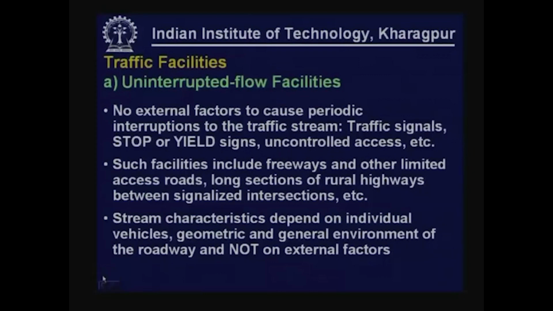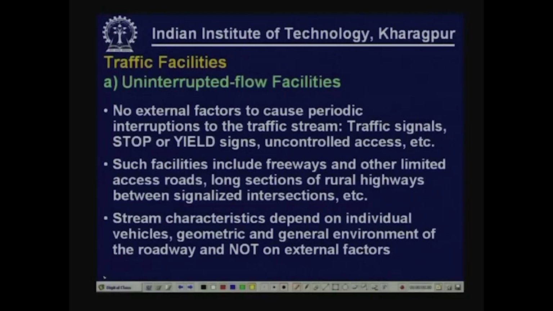In uninterrupted flow facilities, there are no external factors. Remember that we are talking about external factors. That is the basis for defining uninterrupted or interrupted flow facilities. In uninterrupted flow facilities, there is no external factor to cause periodic interruption to the traffic stream. Now, what could be the external factors?